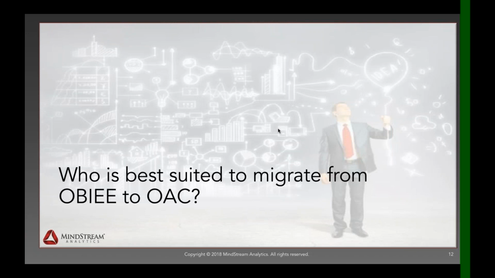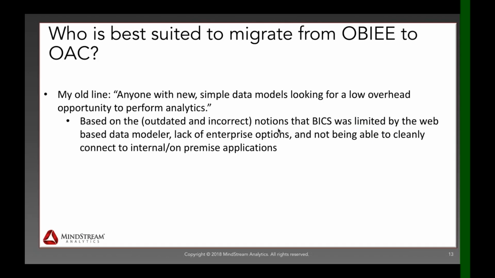Now I want to transition and talk about who is best suited to migrate from OBIEE to OAC. Early on, when I was still holding on to some of those misconceptions I just mentioned, my old thinking was that OAC is really good for anybody with a new data source because they don't want to rework stuff.